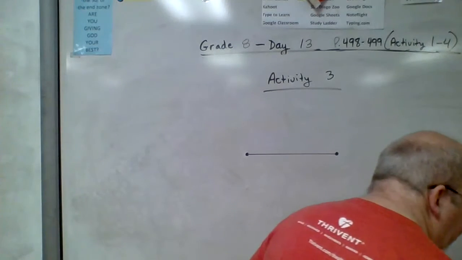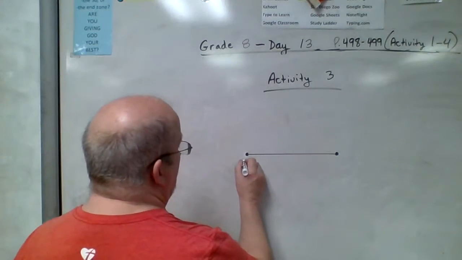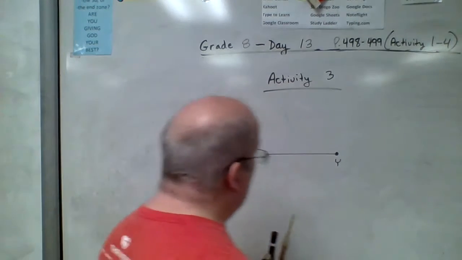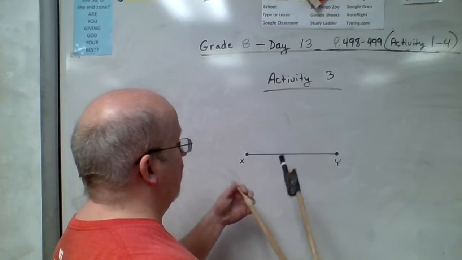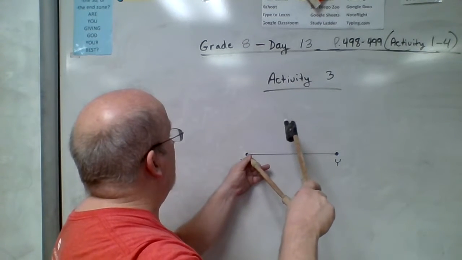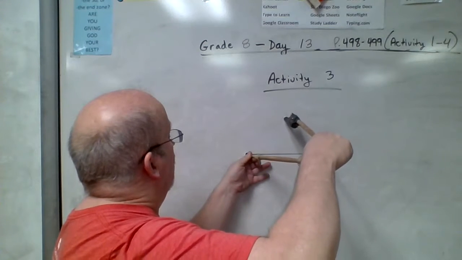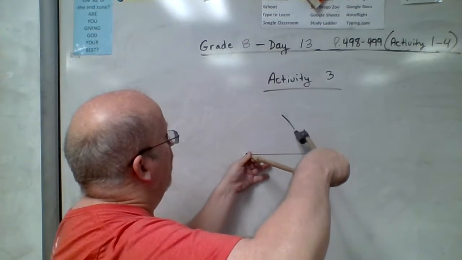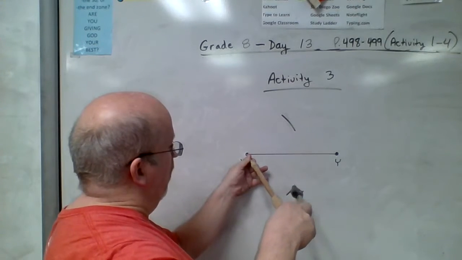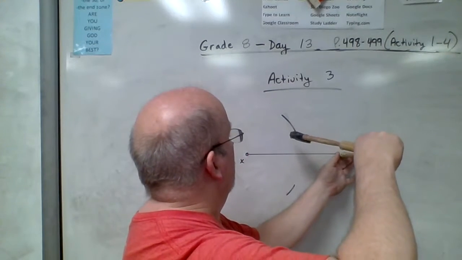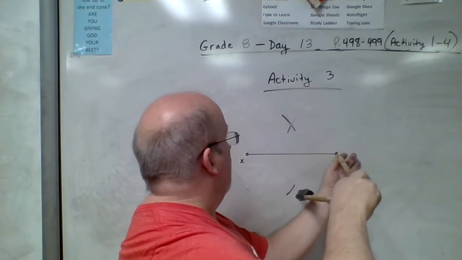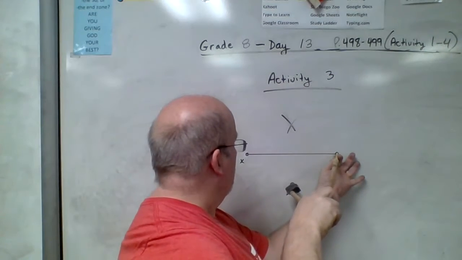Well, first of all, I drew the line segment on the board, and I'm going to call it line segment XY, just like in the textbook. Then I'm going to take my compass, and I'm going to draw a series of arcs. An arc here, an arc down here, an arc here, and an arc here.